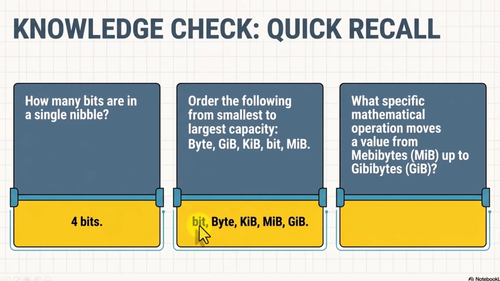So that is bit, then byte, then kibibyte, mebibyte, and gibibyte. What specific mathematical operation moves a value from mebibytes up to gibibytes? Think about it. Good. That is divided by 1024. Only one division is needed here.